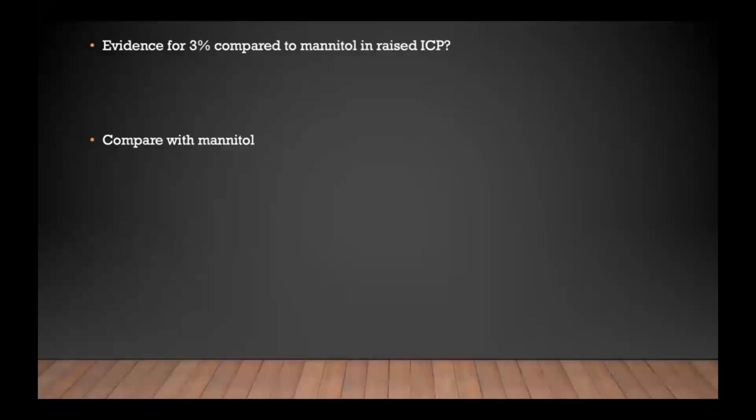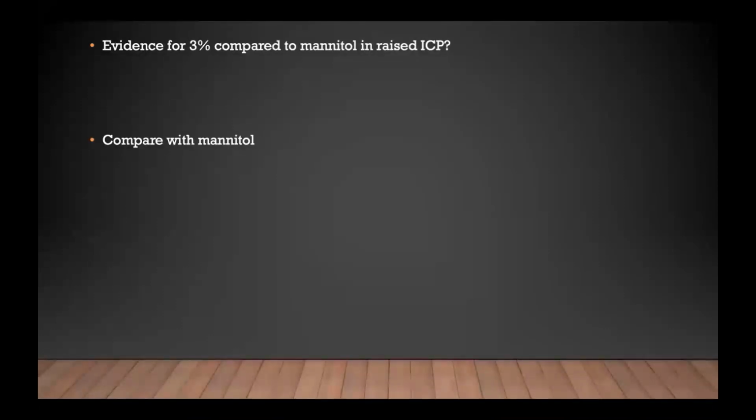So what is the evidence for 3% compared to mannitol when it comes to raised ICP? Which one is better? Both are equivalent. No evidence proves that one is better than the other.